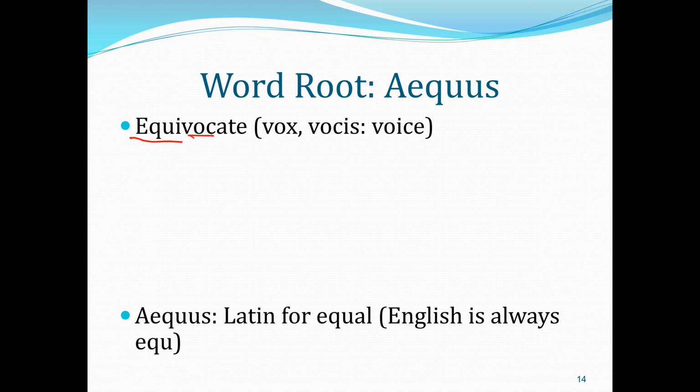Vocate comes from vox, voces, which in Latin means voice. So equal voice, combined together, means to use ambiguous language so as to conceal the truth or avoid committing oneself. Its noun form is equivocation.